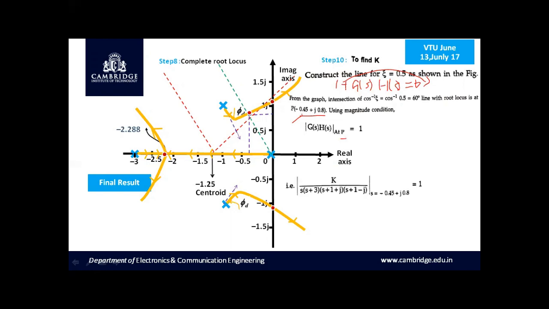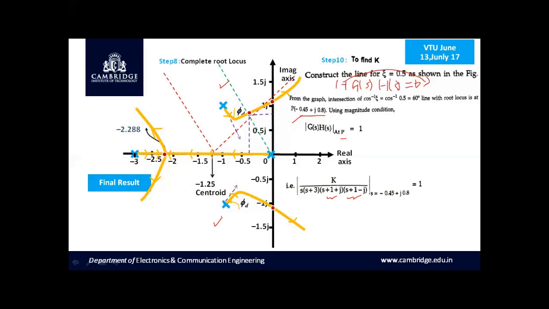So from the given g of s, we can substitute for g of s as k divided by s into s plus 3 into s plus 1 plus j into s plus 1 minus j, that we have to represent in the form of the roots. That is, we have two complex conjugate poles, one at minus 1 plus j and the other at minus 1 minus j.